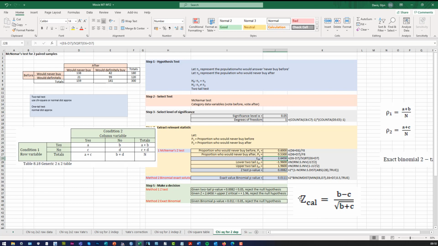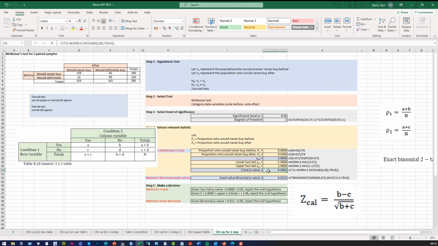Okay, so now you've got a choice. You can either calculate the two-tailed critical values for Z using the NORM.S.INV function, or you can calculate the two-tailed p-value using the NORM.S.DIST function, as you can see there.